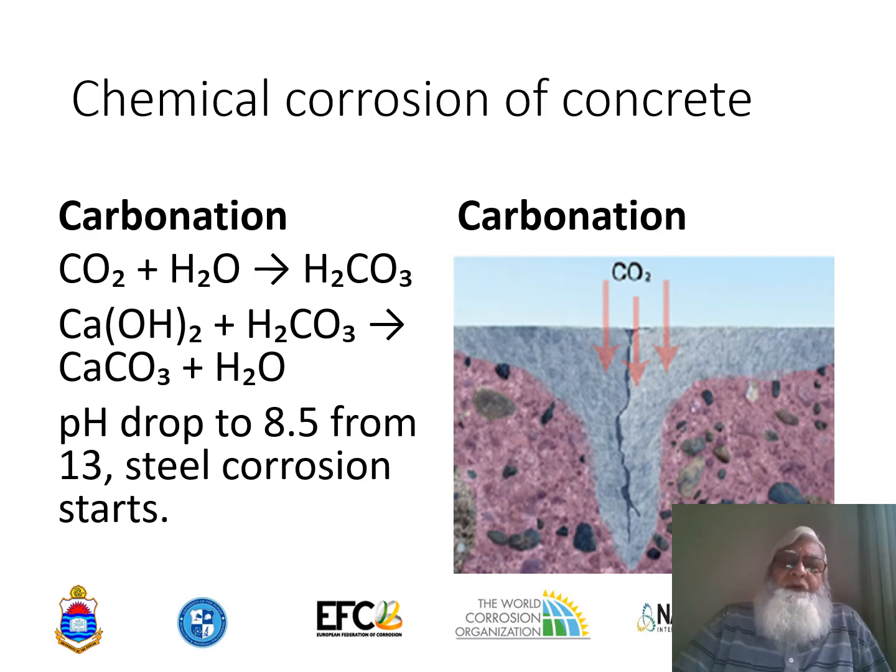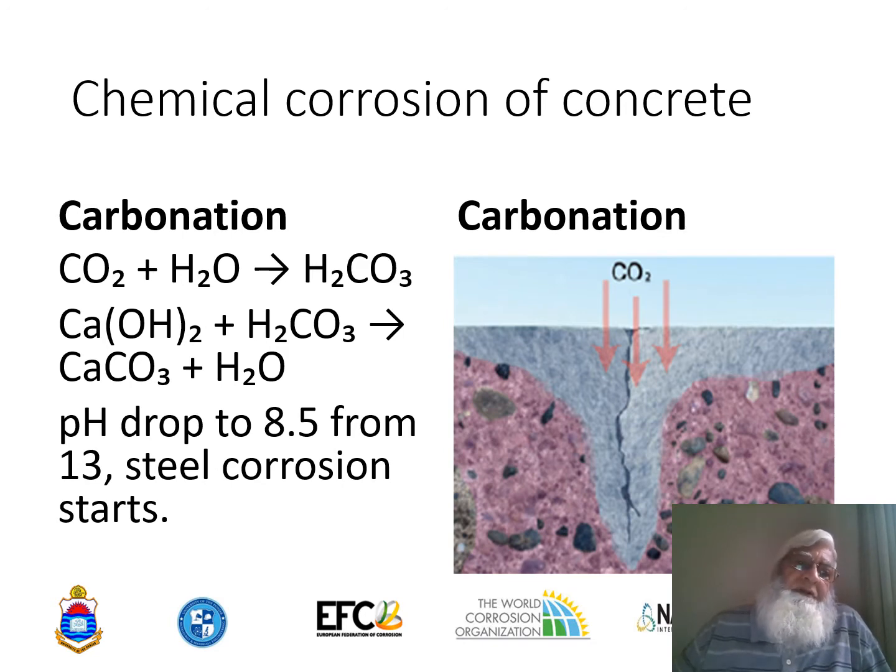The chemical corrosion. This slide shows you how the chemical corrosion of concrete occurs. In the chemical corrosion of concrete, the carbon dioxide from the atmosphere, right, normally reacts with the water in the pores of the concrete, turning into carbonic acid.